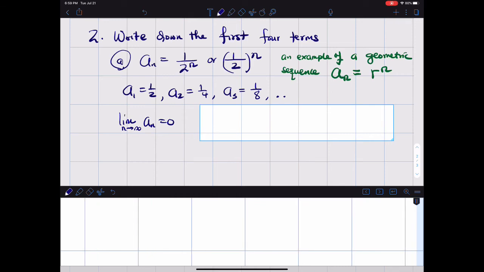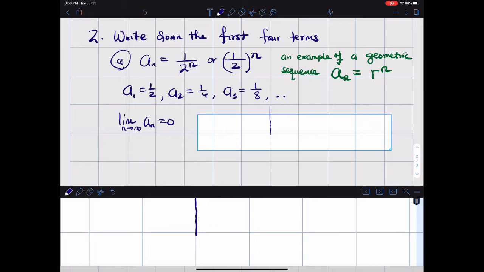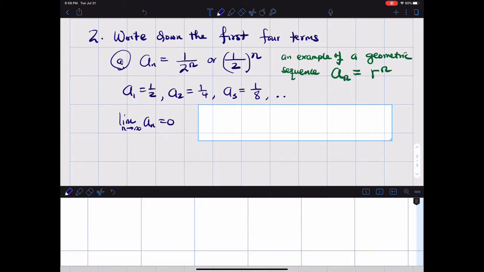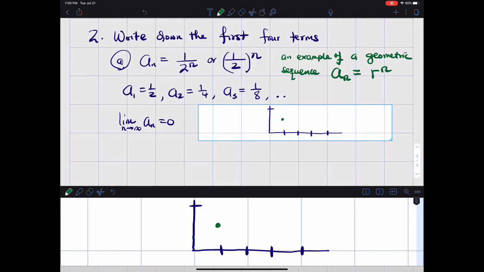So if you plot the graph of this, and let this be 1, a1 is that, a2 is 1/4, a3 is 1/8, a4 would be 1/16.